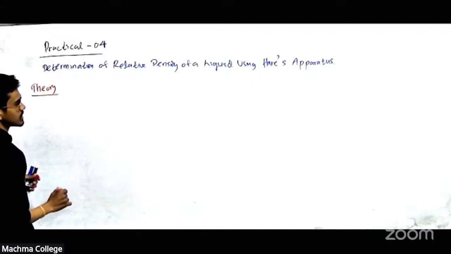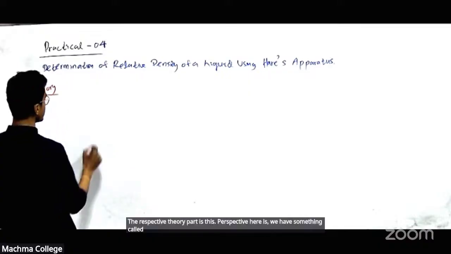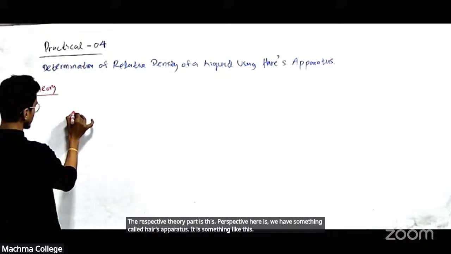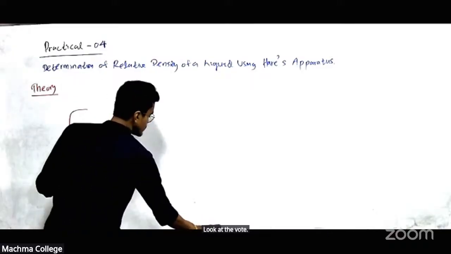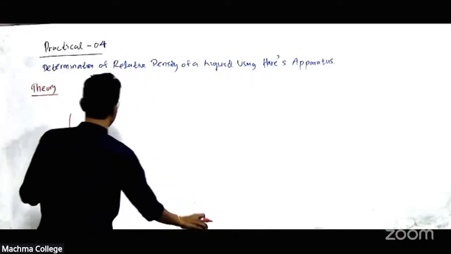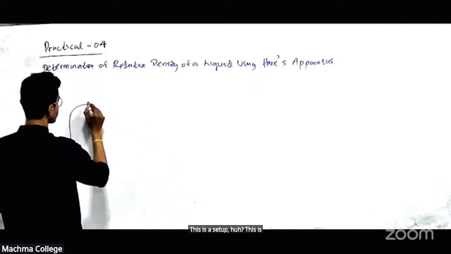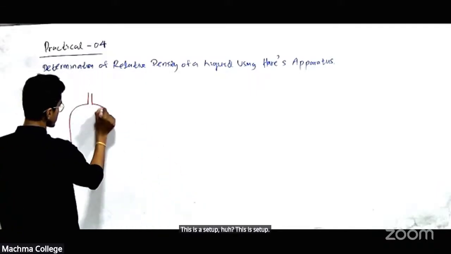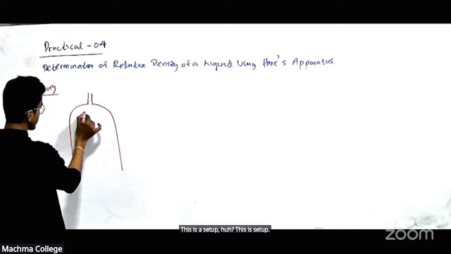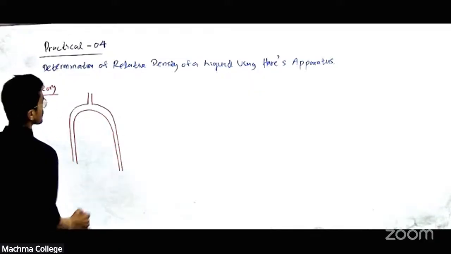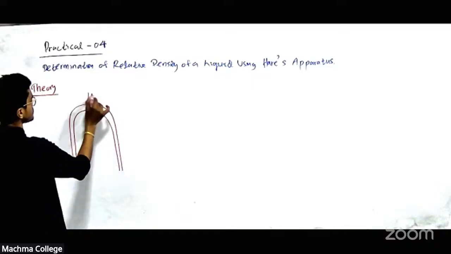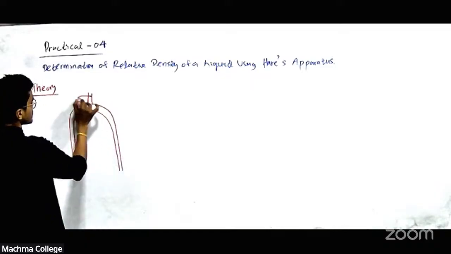The respective theory is we have something called Hare's apparatus. It is something like this. Look at the board. This is a setup. And here there's a valve.